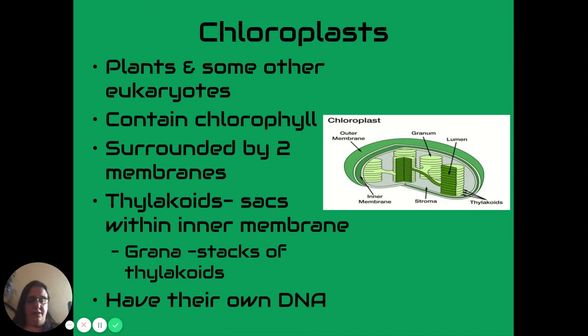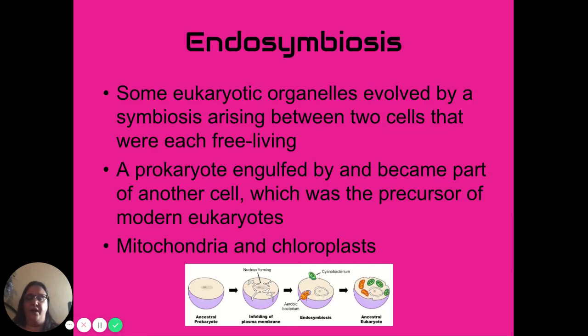So many scientists believe that chloroplasts and mitochondria were separate cells at one point in time and then got engulfed by another cell. Okay, and that's what this is. It's called the endosymbiosis theory.